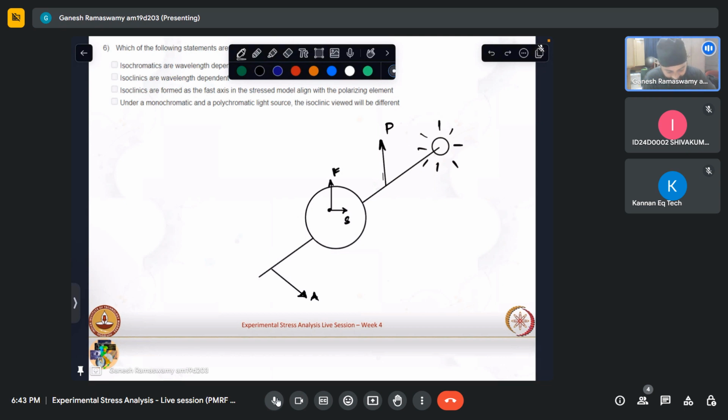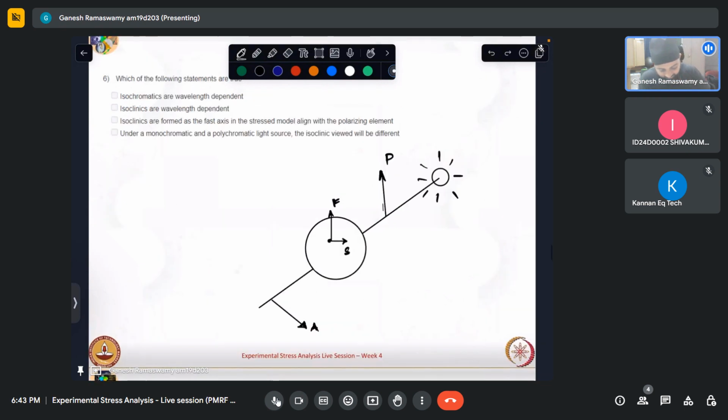In such a case, at this point, we'll be having a fringe like that, where this is that point. So we will be having no intensity of light coming through that point. We will have a dark band over there. So that is what isoclinic is.